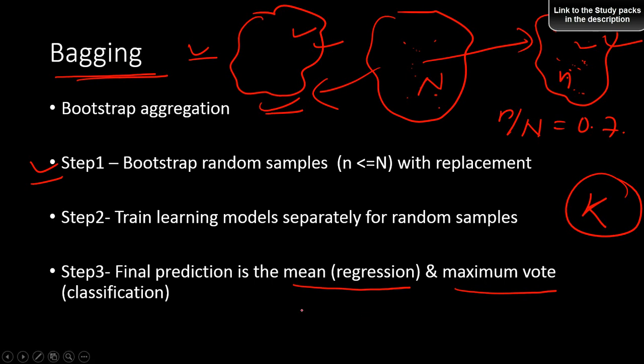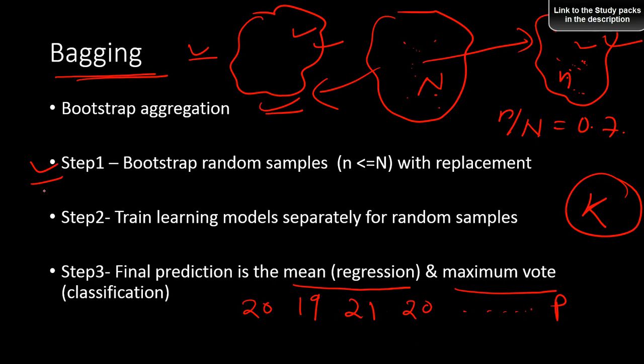Just to give an example, if the price of the house given by the first model built on the first subsample is, let's say, 20, by the second subsample it is 19, by the third it is 21, by the fourth model it is, let's say, 20. There are p models you have built, and this is what the output is from the different models.